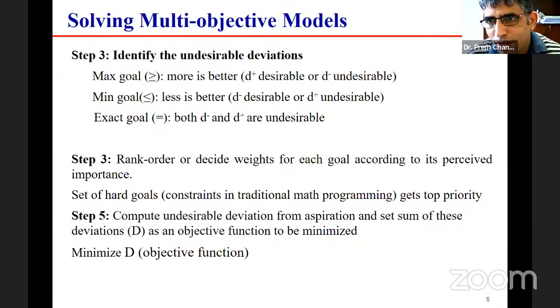So now our objective function is different. I want to minimize the deviations. All my goals and objectives have been covered, but I want the deviations from these goals to be minimum.